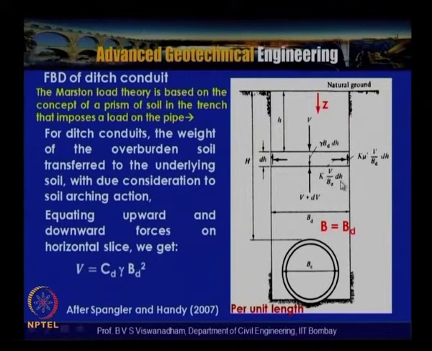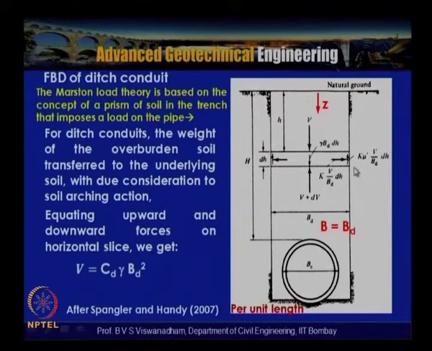K is the coefficient of earth pressure, the ratio of lateral pressure, that is horizontal pressure, to vertical pressure. So K into vertical stress into dh, acting over a small length dh into 1, is the normal force acting on the side wall face.